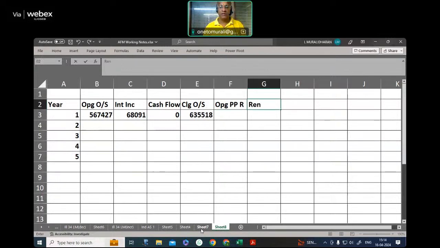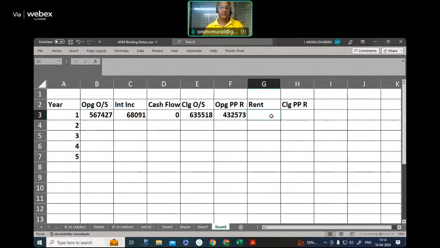So rent, then closing prepaid rent. $10 lakhs minus this.